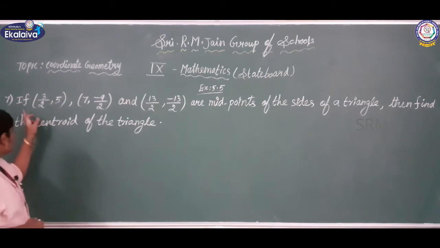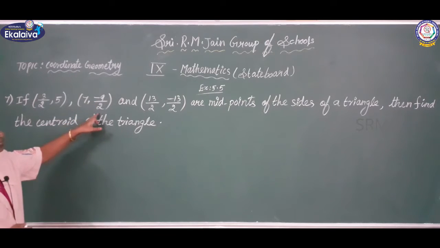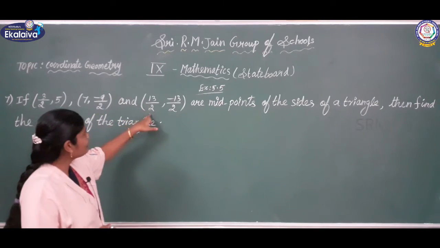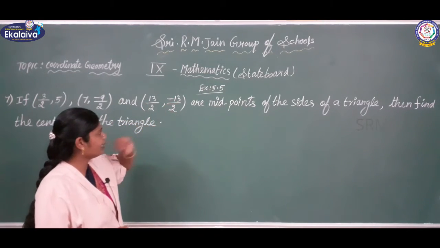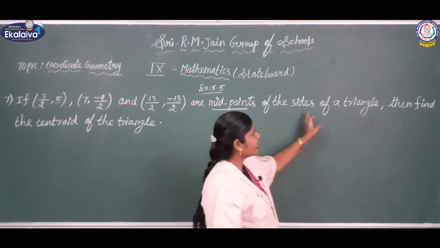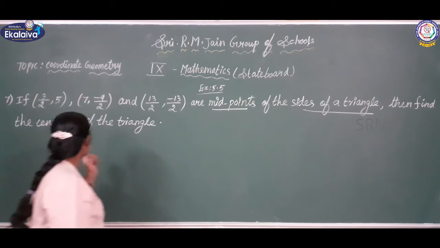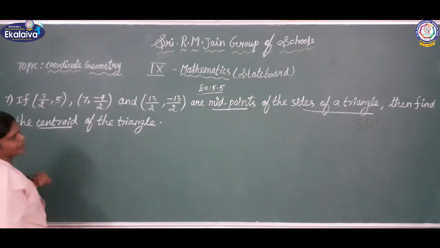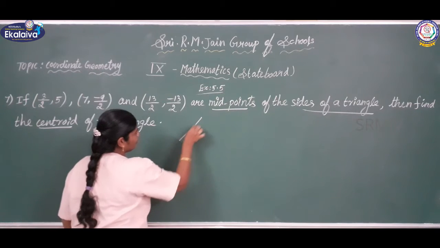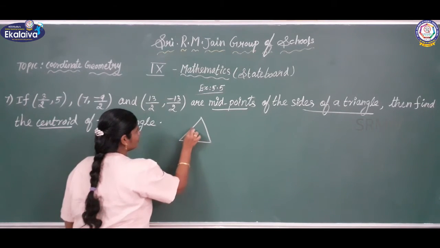Next question. If 3/2 comma 5, 7 comma minus 9/2 and 13/2 comma minus 13/2 are midpoints of the sides of a triangle, then find the centroid of the triangle. Here the midpoints of the sides of a triangle are given.